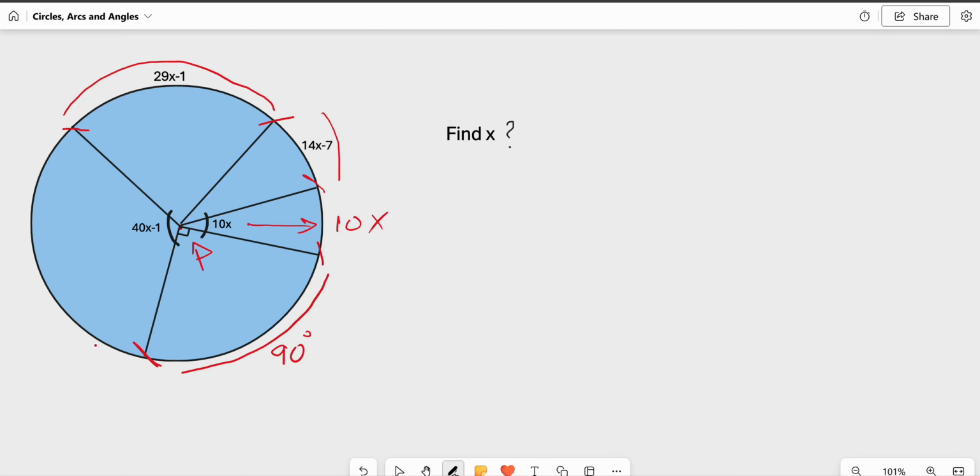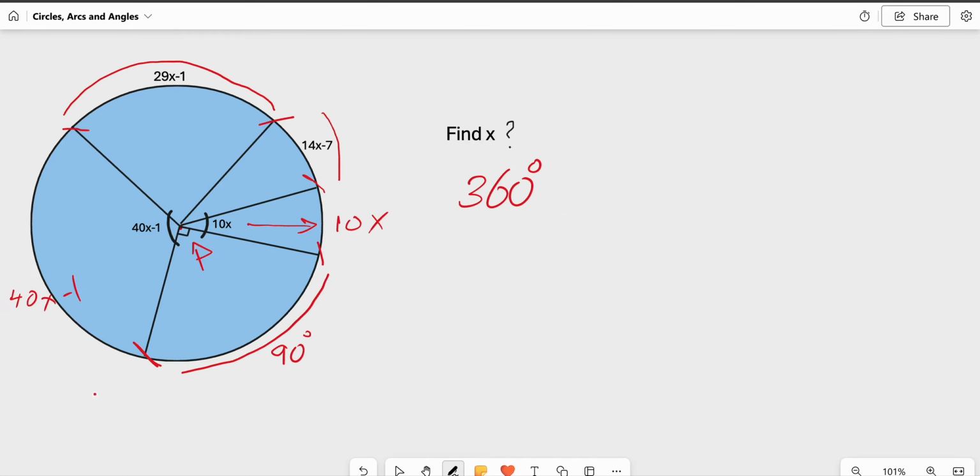How much is this arc here? It's 40x minus 1. Because an arc facing a central angle is exactly the same as the measure of the central angle facing it. And we know that the total circular angle of a circle is how much? It is 360 degrees.